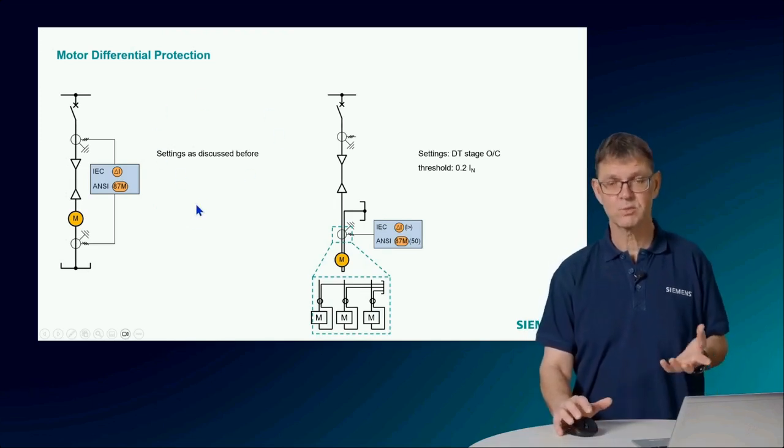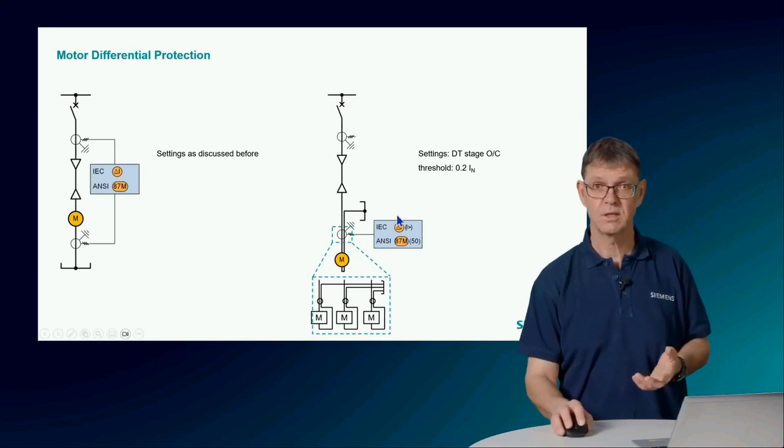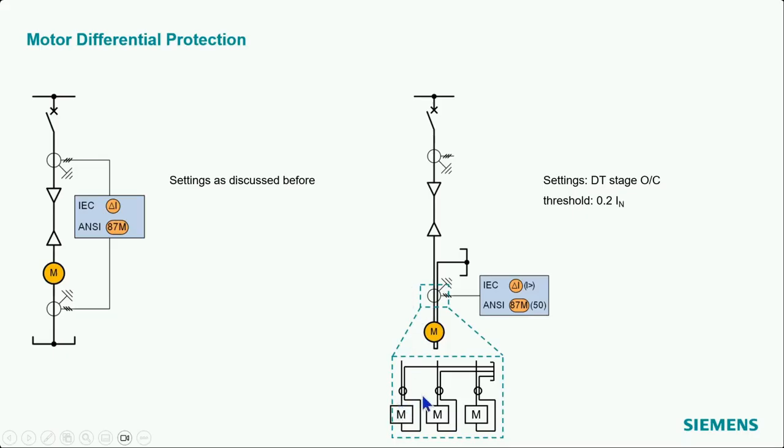For the motor protection, we often have a variant where we use a window type current transformer for each phase current, where we bring the current in one direction, which goes to the motor, and back in the other direction, so that both currents in the normal situation cancel out each other. That means we form the differential current in the current transformer itself. Therefore, we have here just an overcurrent protection function that looks at this differential current coming out on the secondary of this window type CT.